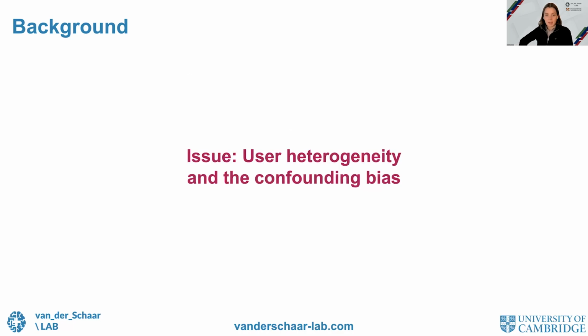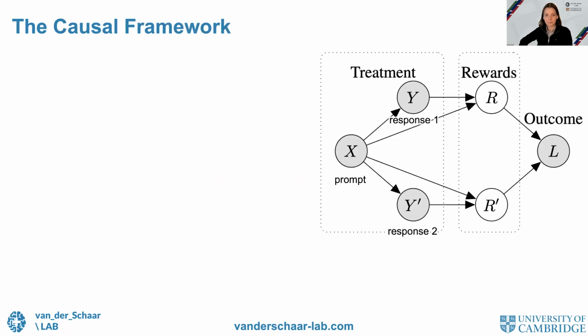And so in order to be able to talk about those issues of confounding in the preference learning setup, I decided to look at this problem from the perspective of causality. I adopted the convention of the potential outcomes framework, in which we will denote by capital letter X the prompt, and by Y and Y prime the two candidate responses, which are observed by a user.